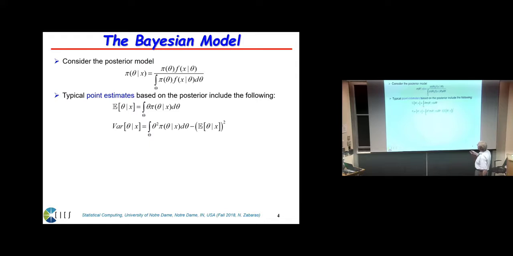Now, even if you don't care about the full posterior, you're only interested in point estimates such as the mean of the posterior or the variance, you notice here again, these are all integrals. So even if you don't want to be fully Bayesian, to calculate the expectation of the posterior you have to calculate this integral, and for the variance you have to calculate this integral. So how do we do these integrations?